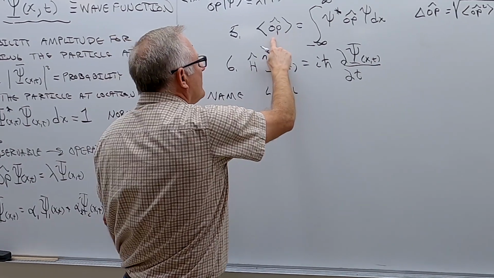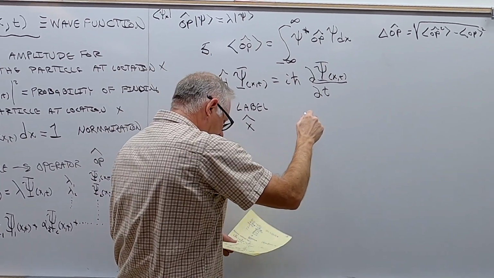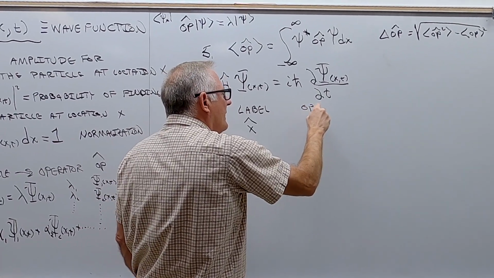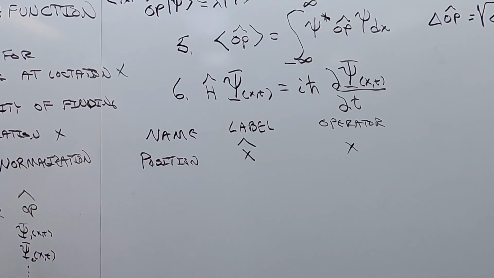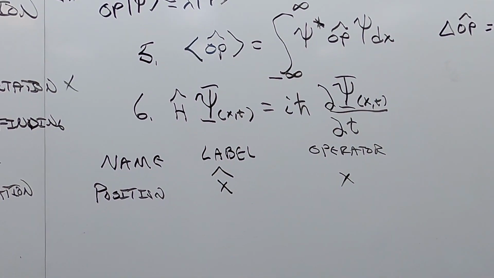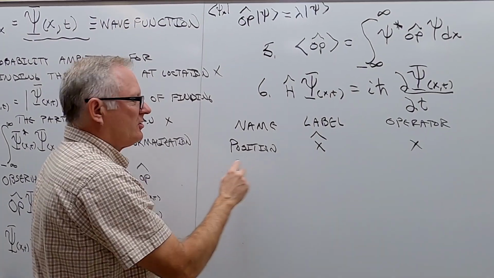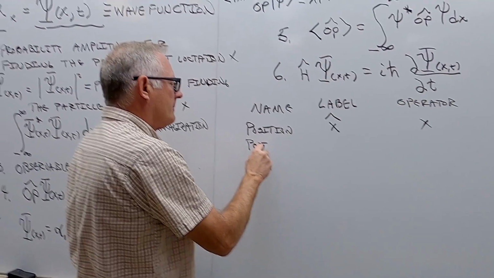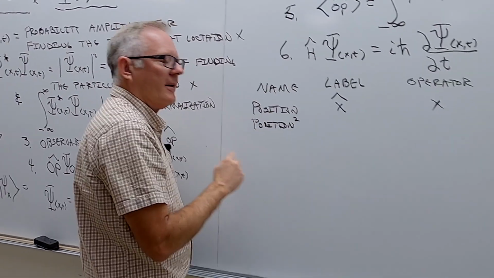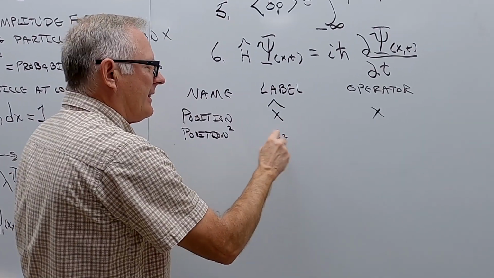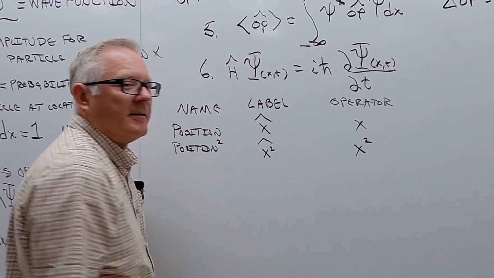If you wanted to measure the average x position, you would just put an x there. That's all you do. What if you wanted to measure the position squared? This would be like that right there. Well, what do I do in there? I plug in x squared.